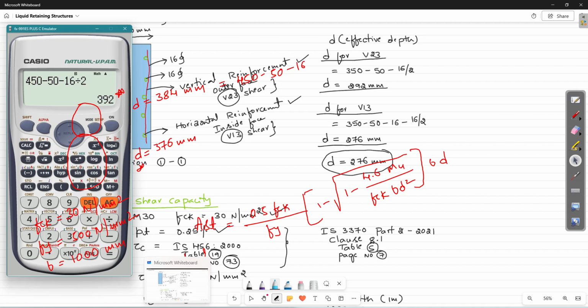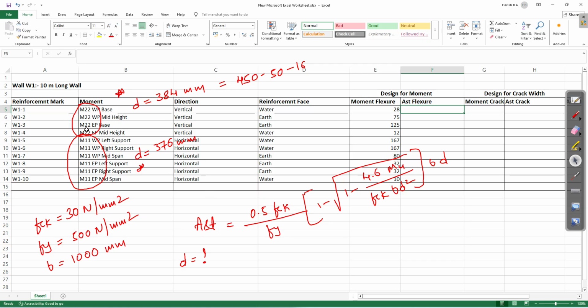So for M22 bending, you go to Excel and note it here. For M22 bending, your effective depth is 392.